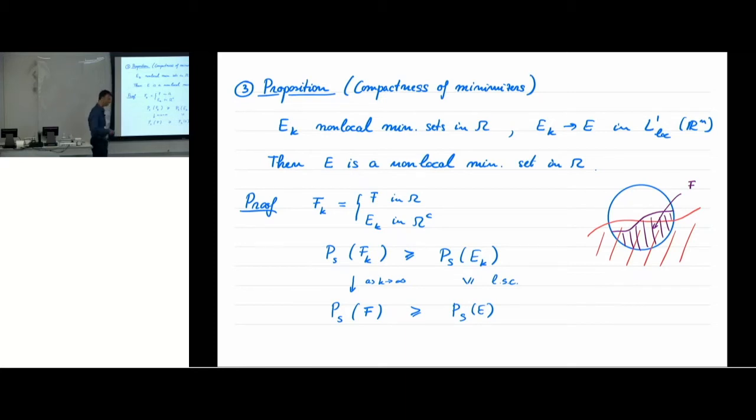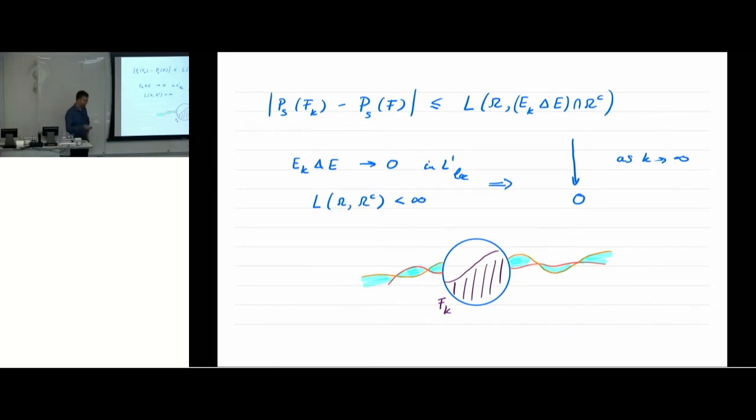So can I do that? And yeah, it's not difficult. If you look at what is the perimeter of F_k minus the perimeter of F, because F is constant, at most, if you look at all the possible differences between the contributions from F_k and from F, they simply come from the symmetric difference of the data, because F at the beginning has the same data as E outside, right?